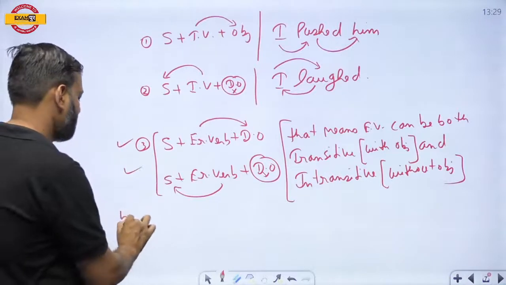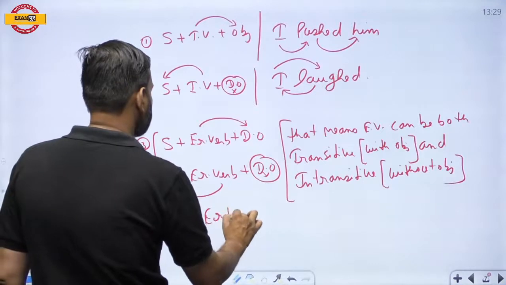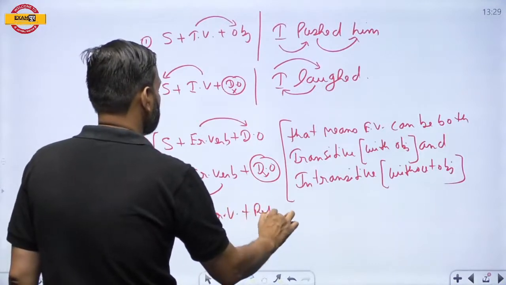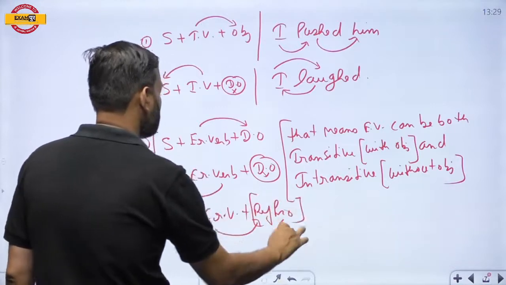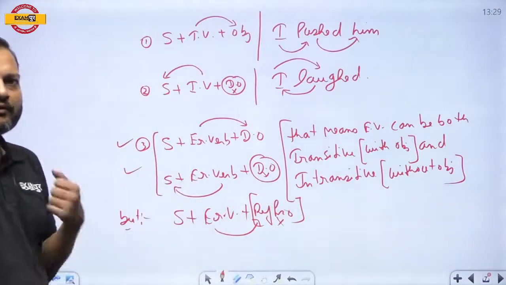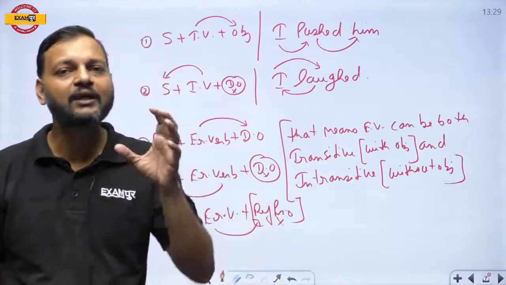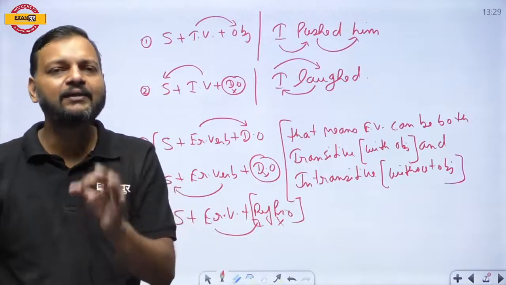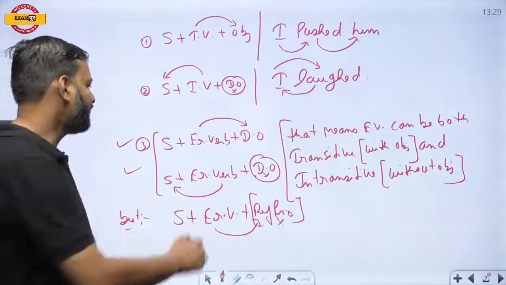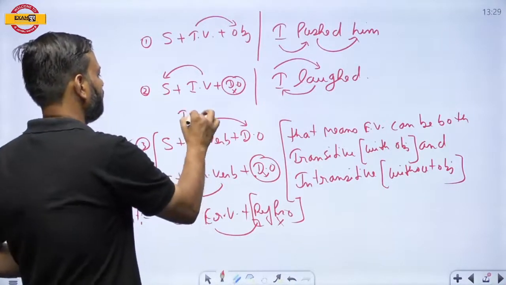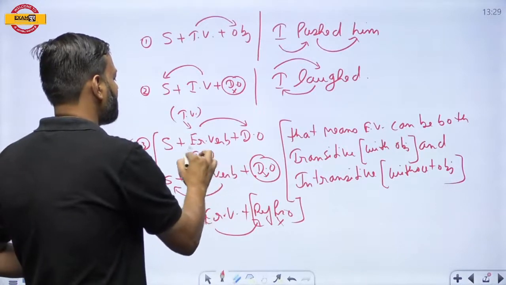But you cannot use a reflexive pronoun after an ergative verb. This is wrong, because reflexive pronouns are used after a transitive verb, and in the absence of an object, the ergative becomes intransitive. Here the ergative is transitive and here the ergative is intransitive.